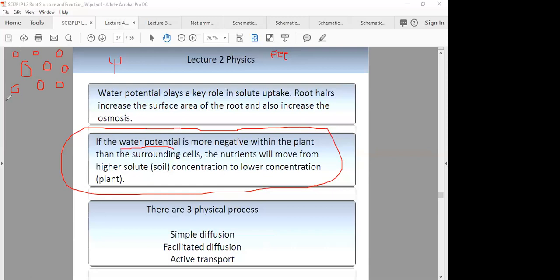So we say that pure water has the maximum free energy, and that's given a reference point, a standard value.